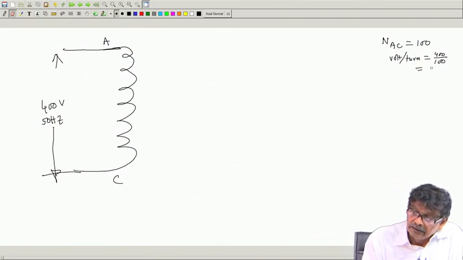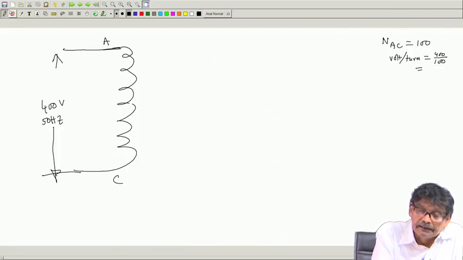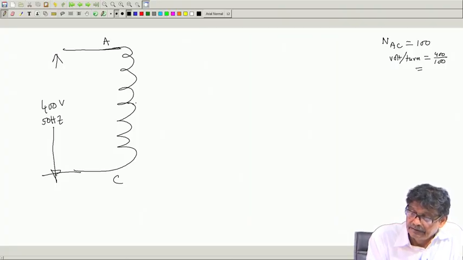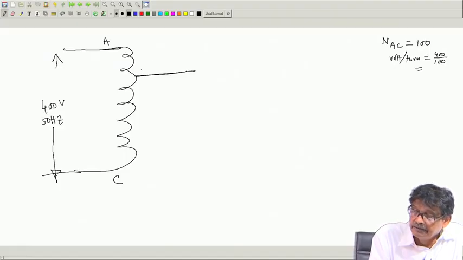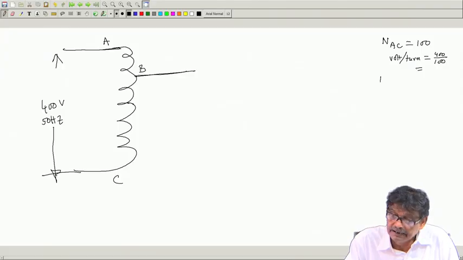Now, what I am doing is taking a tapping from point B such that N_BC is equal to, suppose, 75.